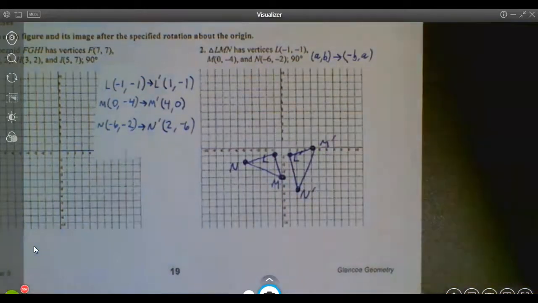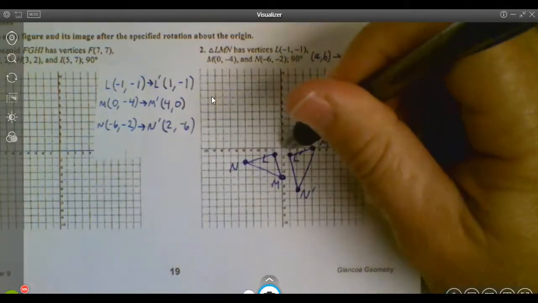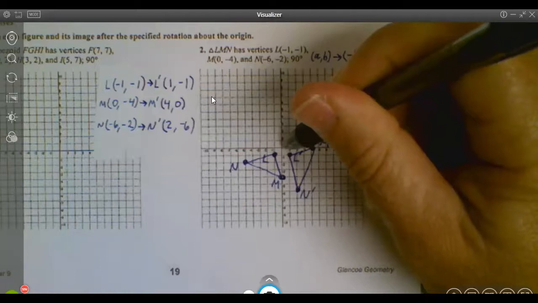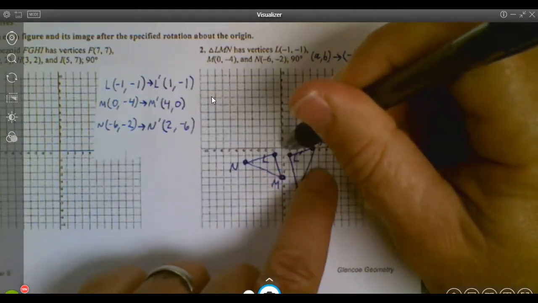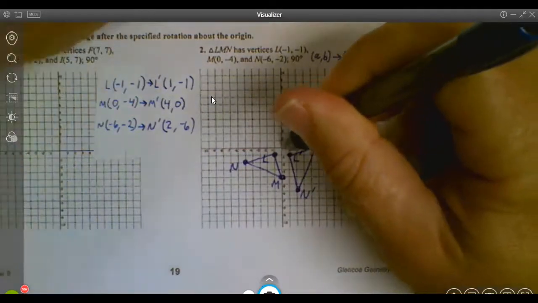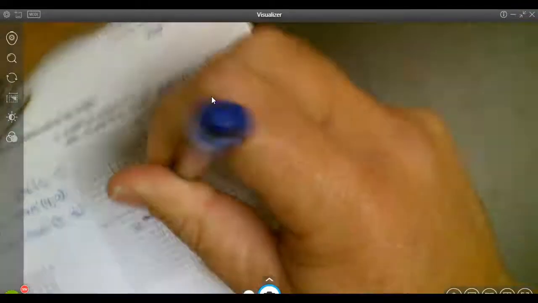There you go. If you physically put your pencil on your page and rotate your paper 90 degrees, this will now be here.